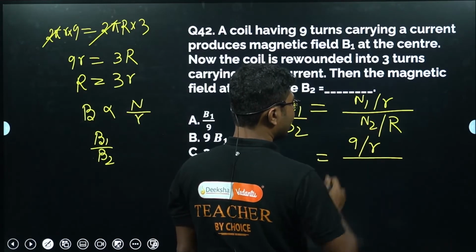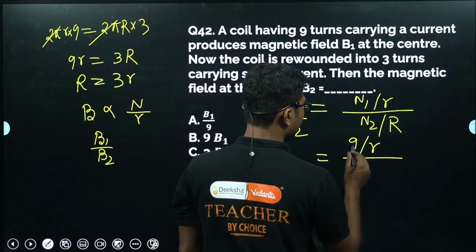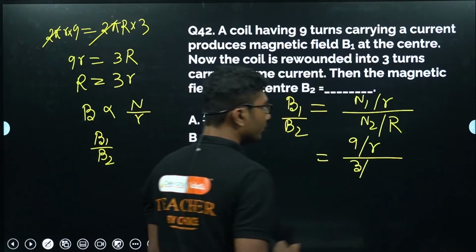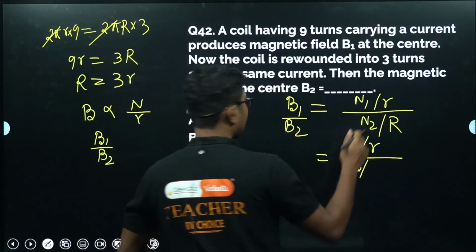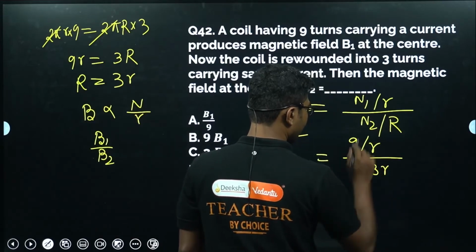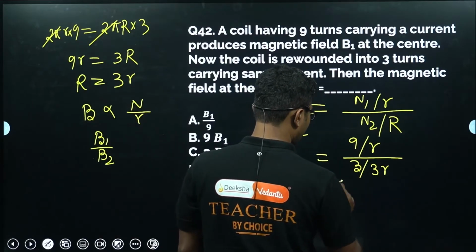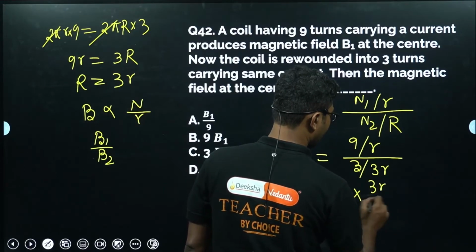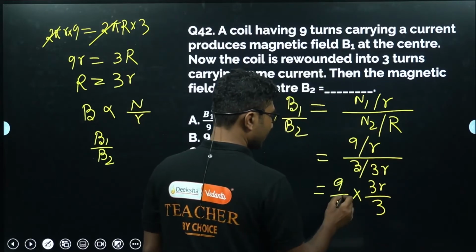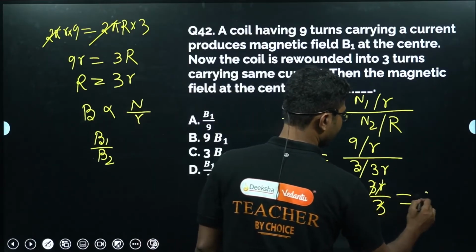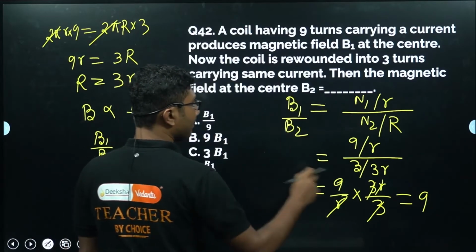Now N2 is 3, the number of turns is 3, and capital R is 3 small r, right? So if you simplify it, 9 by r times 3r by 3, this will reverse, 3 cancels, r cancels, so this becomes 9. So B1 by B2 is 9.